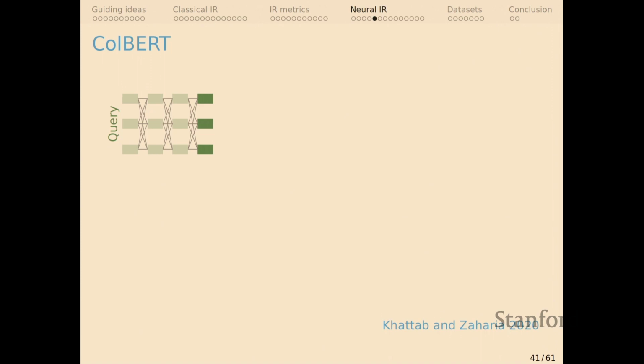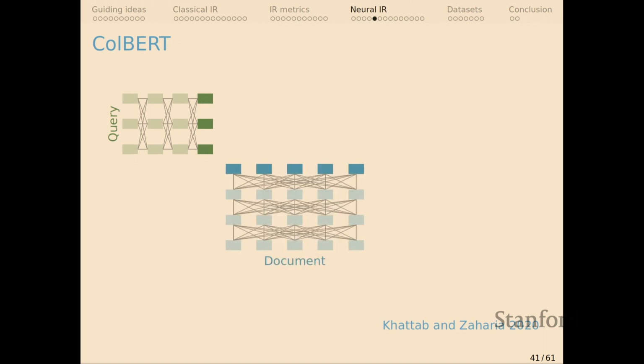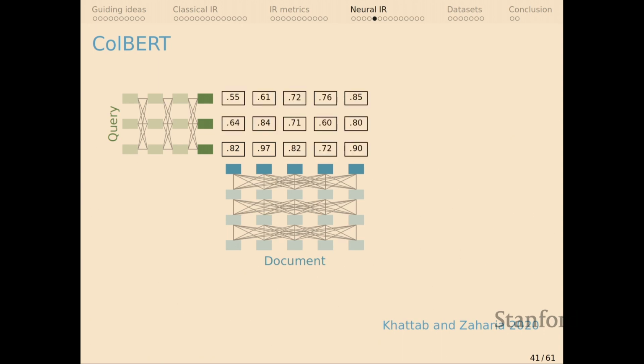Here's how this will work. I've drawn the query encoder on the side for reasons that you'll see, but it's the same kind of thing. So imagine BERT processes my query, and I've grayed out everything but the final representations, because crucially, those are the only ones that we actually need. Same thing with the document, and it could be the same encoder. Now what I'm going to do with ColBERT is form a grid of scores.